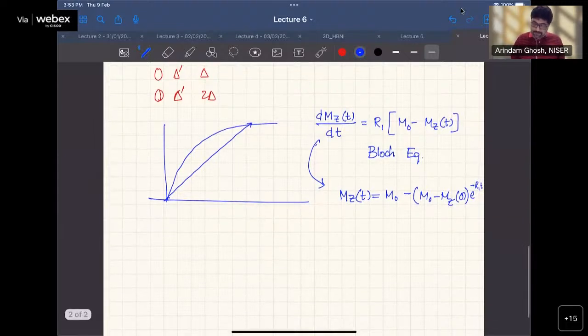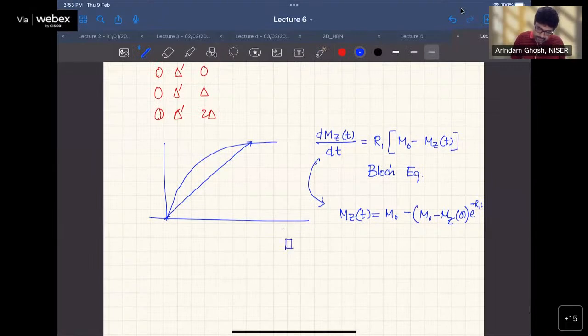Here M naught is the equilibrium value, the total equilibrium amount of magnetization, whatever it is.